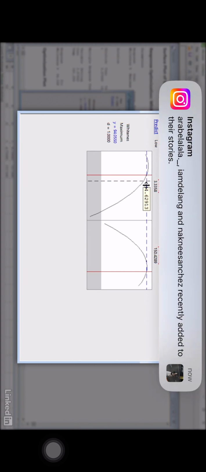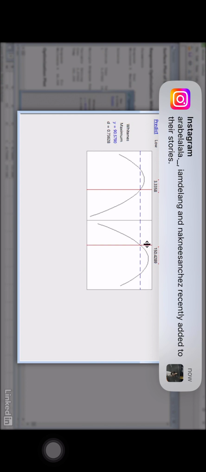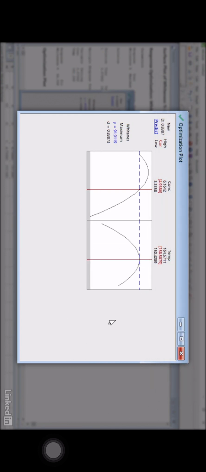And this is the curve it's based on. We can move things around by either typing in the values or moving the lines. And you can see different levels of the whiteness based on how you vary the factors. It's a nice way to play around and do what-if analysis. Nice feature. So there you have it, RSM for curve responses.